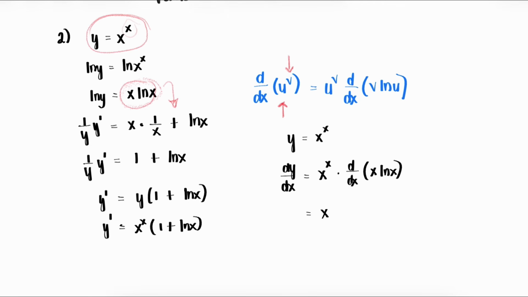And so that's x to the power of x times 1 over x plus ln x, which still leads us, because that's just derived from that previous solution, to x to the power of x times 1 plus ln of x. Okay, this formula: u to the power of v times the derivative of v ln u.